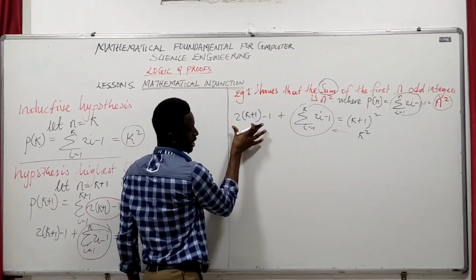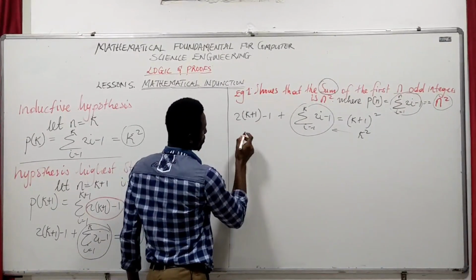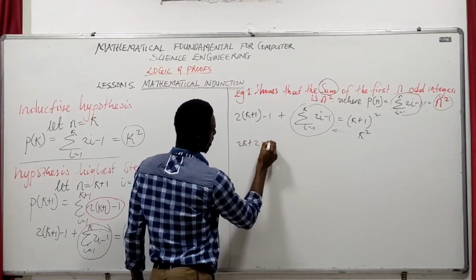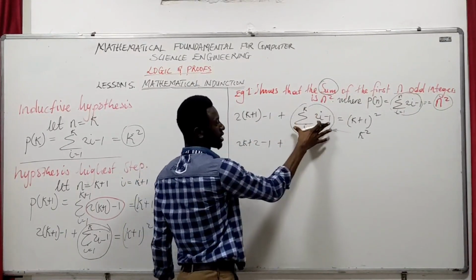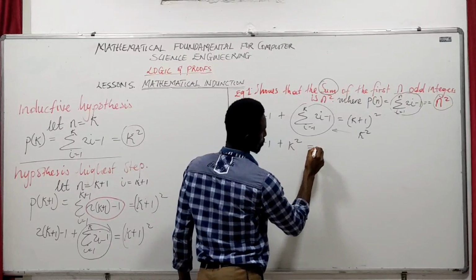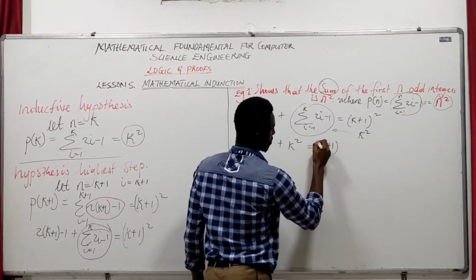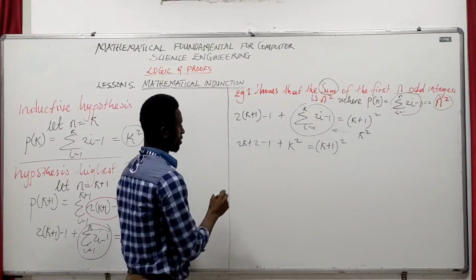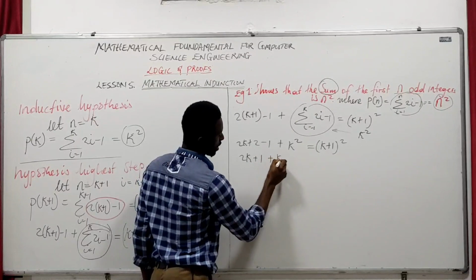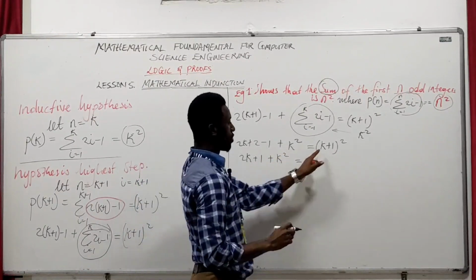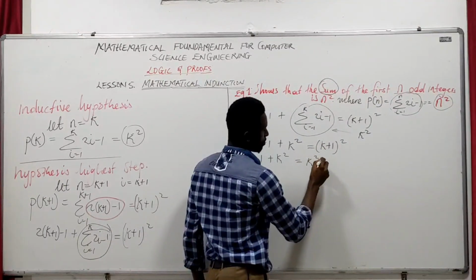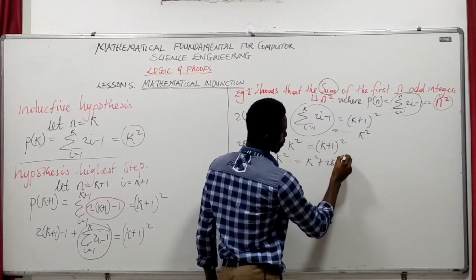So first, we can expand this one. 2 times k is 2k, plus 2 times 1 is 2, minus 1, plus, instead of this summation, we use plus k squared, equals k plus 1 all squared. So now 2k plus 1 plus k squared equals, now we expand this. If we expand this, we have k squared plus 2k plus 1.